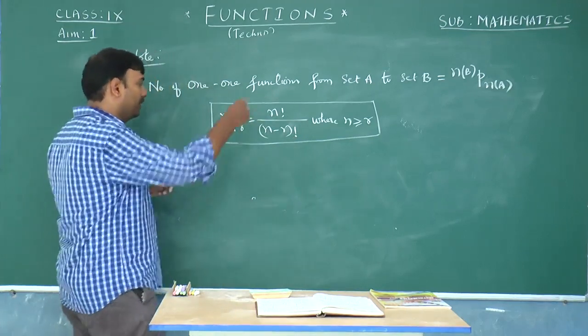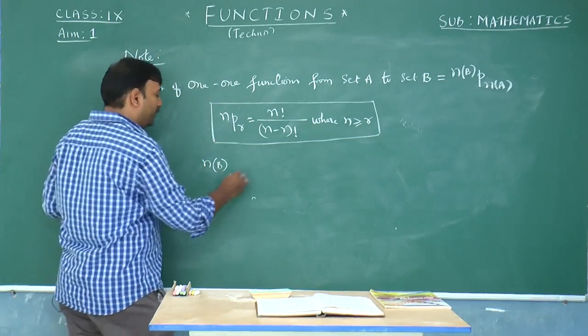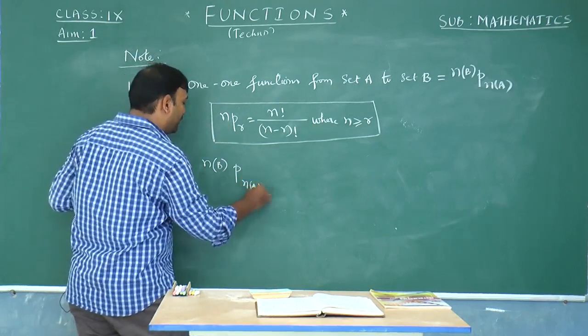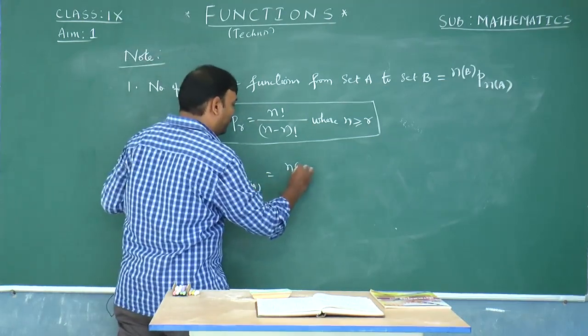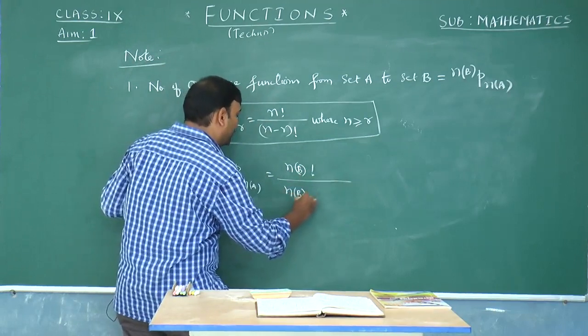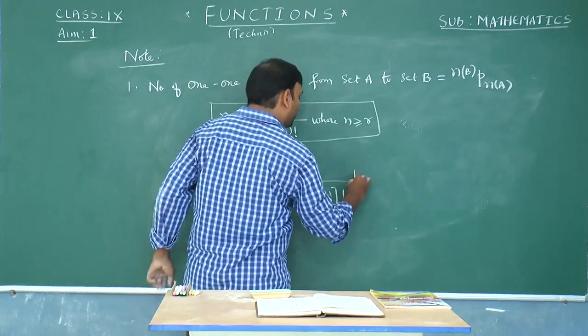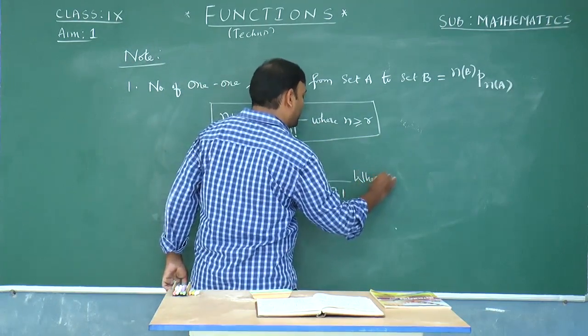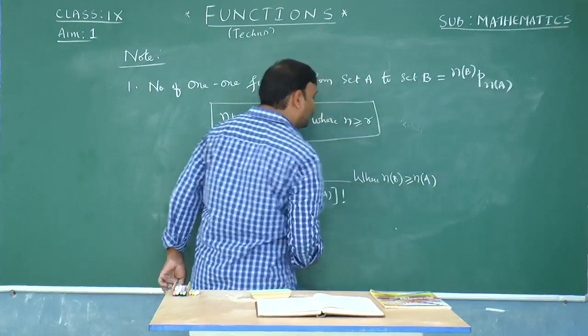In further classes we will learn more about the formula, but here we just need to apply it to get the number of one-to-one functions from set A to set B. The formula is n(B)Pn(A), where n(B) is the number of elements in set B. That means we get n(B) factorial divided by (n(B) minus n(A)) factorial. And here n(B) must be greater than or equal to n(A).